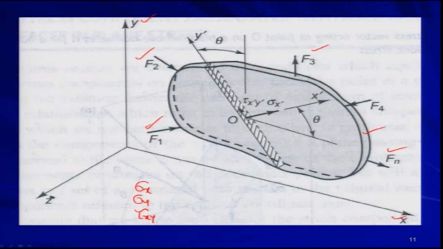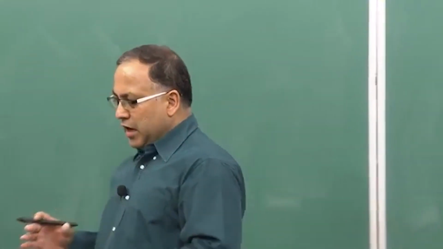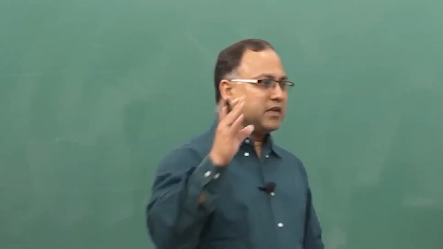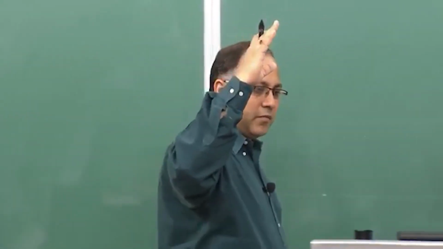Now, I am choosing one arbitrary inclined plane, considering O as the center, and this plane will be defined by its normal direction. This plane is nothing but your x prime plane, and similarly the y prime plane is also defined. So, I have the body and I am considering another inclined plane, inclined by an angle theta.